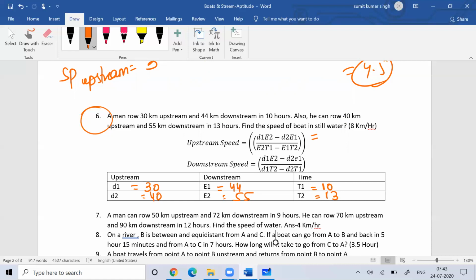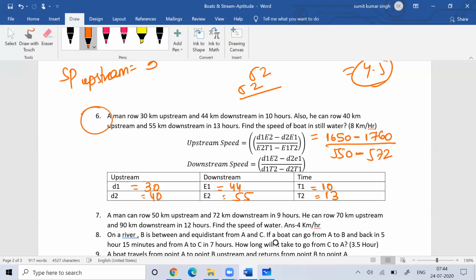D1 E2 means 55 into 30, which is 1650, minus D2 E1, which is 44 into 40, 1760. The denominator is E2 T1 minus E1 T2: 55 into 10 is 550, minus 44 into 13, which is 572.